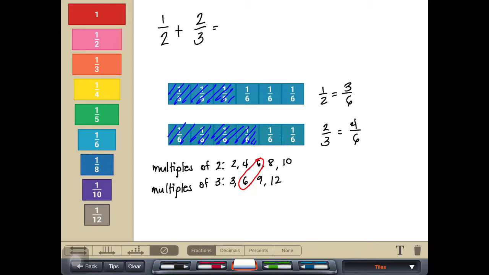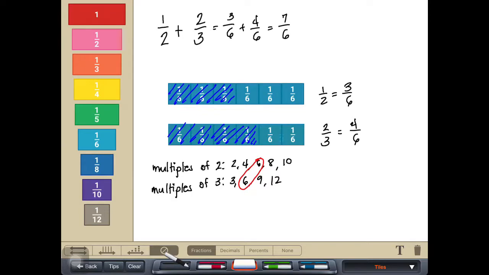So since I have the same denominator already, I can just go and add it. So that would now be 3/6 plus 4/6, which will give me 7/6.